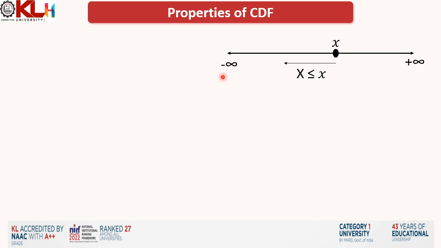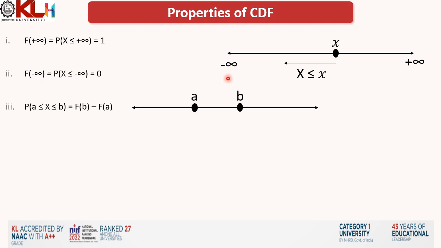Similarly, at the other extreme, the random variable capital X taking a value less than or equal to minus infinity is going to be 0, because that's an impossible event. The random variable cannot take a value less than minus infinity. So those are the two properties. The third one talks about the probability of the random variable lying between two constants a and b. This can be written as F of b minus F of a.